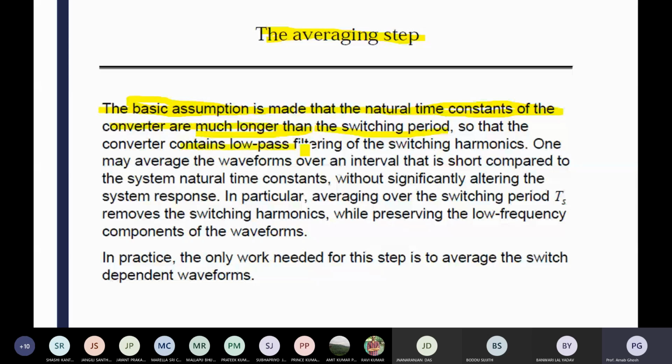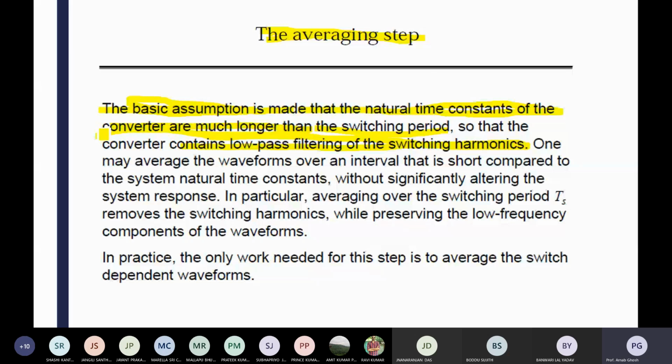It mitigates or minimizes the effect of switching harmonics. If you do the FFT calculation, you can see the fundamental as well as the multiples of the fundamental switching harmonics. After getting those calculations, you can reduce those harmonics by using a low pass filter.